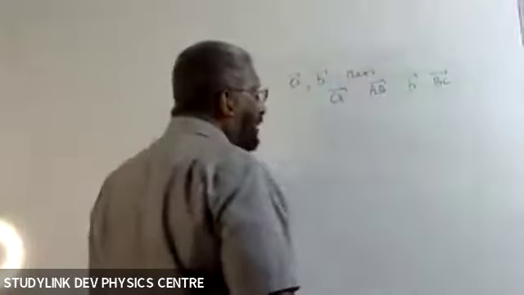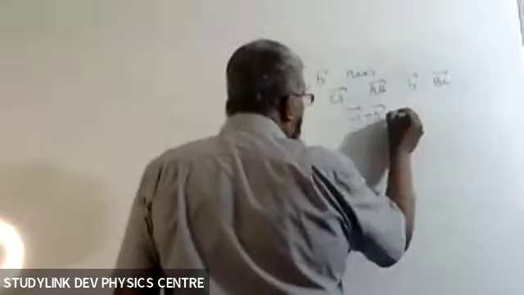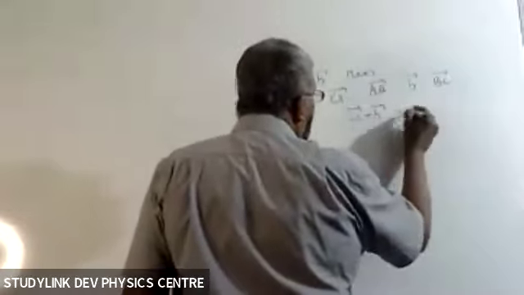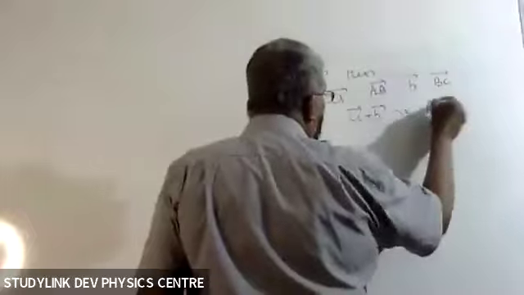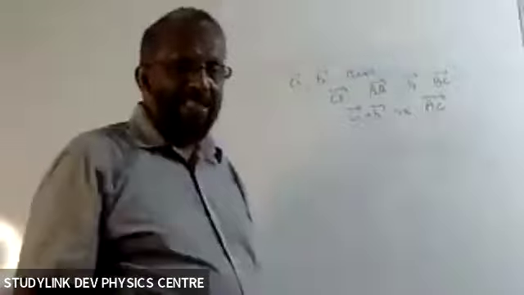Then the addition of these two vectors, A plus B, is represented by the vector AC. But you may not understand what I said.